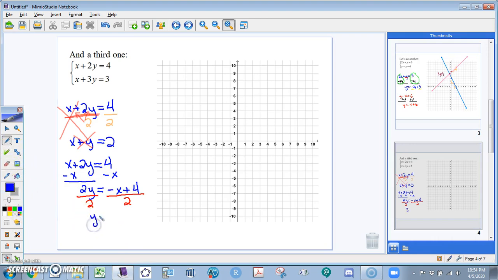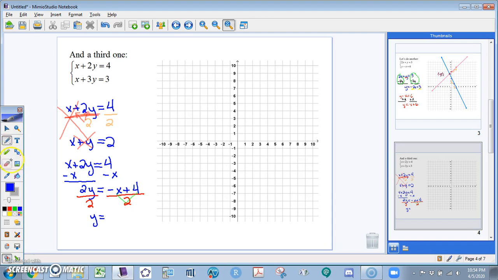2y divided by 2 is equal to y. Then over here, I need to make sure that I distribute that dividing by 2 through that addition. This only happens if you have division by a single term in the denominator and you have addition or subtraction up in the numerator. If the addition or subtraction were in the denominator, this wouldn't work.